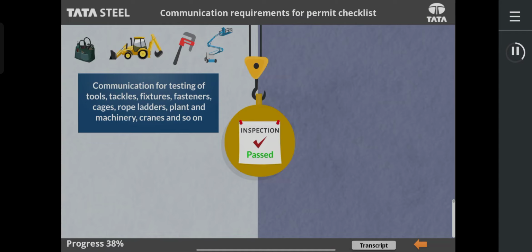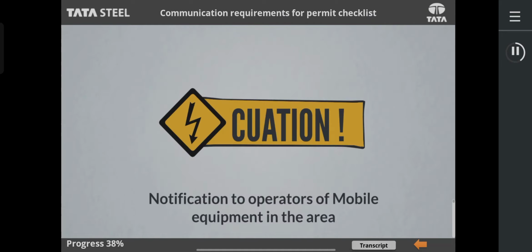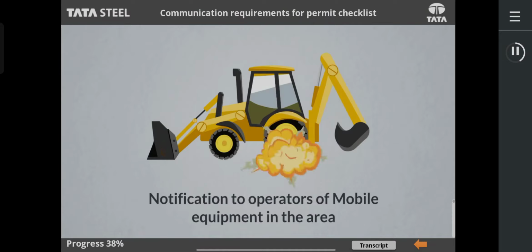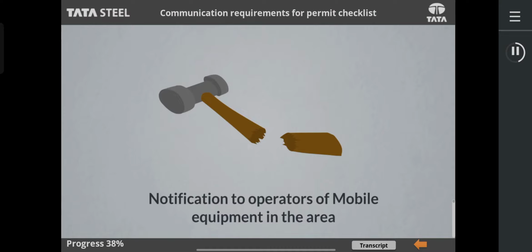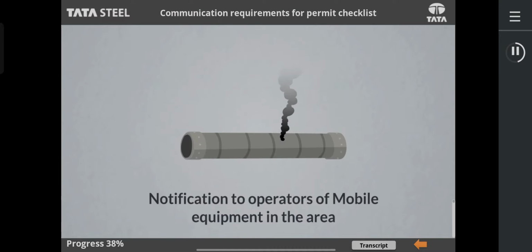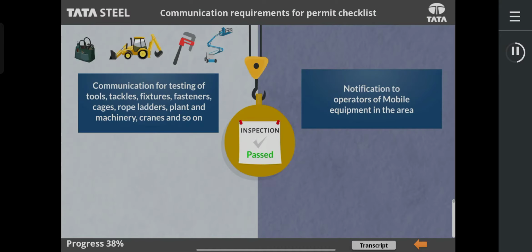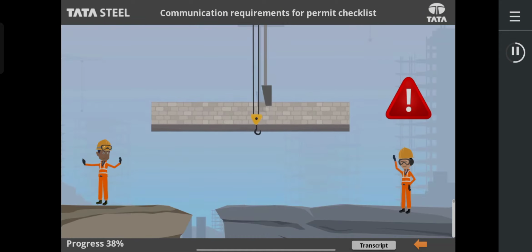Appropriate anchorage points must be identified and connected. There may be hazards in the work vicinity, such as power lines, mobile equipment, gas lines, and so on. This must be identified and conveyed to the team planning the protective measures. This must also be communicated to persons expected to work at height.